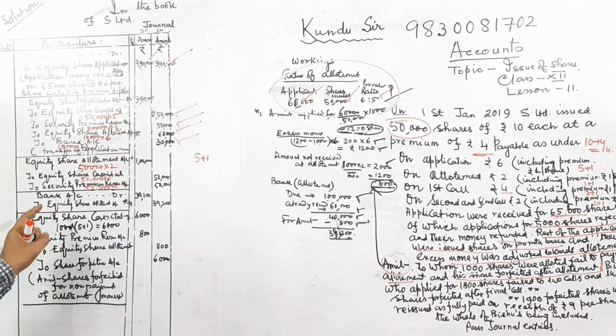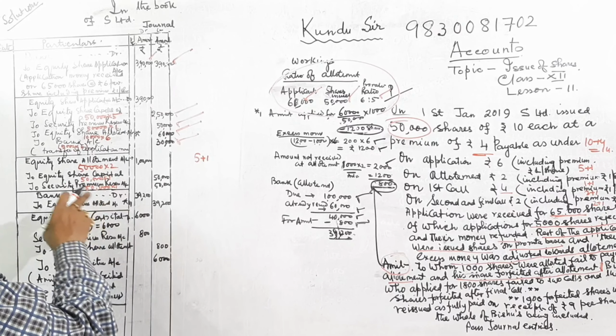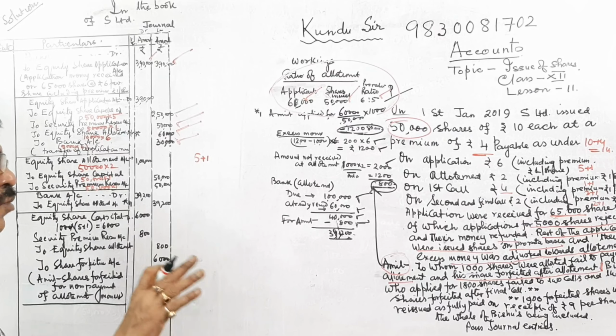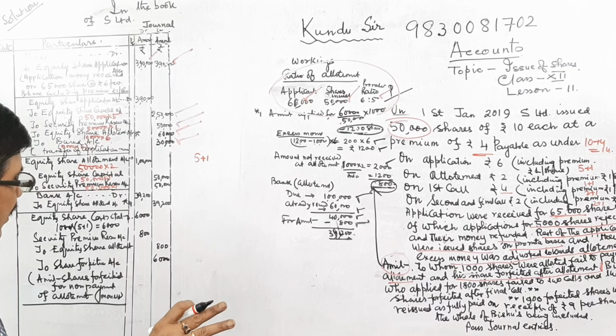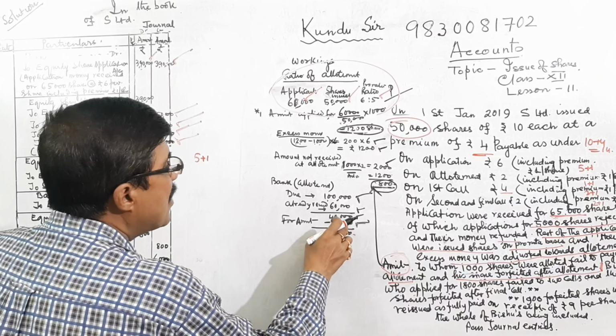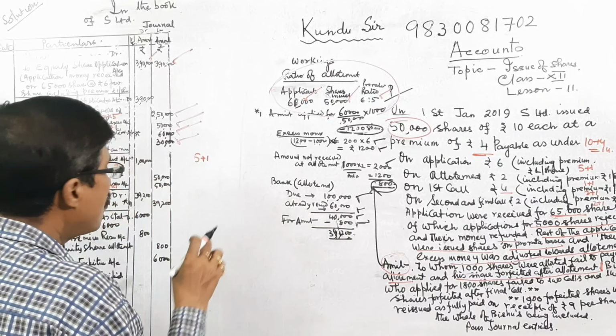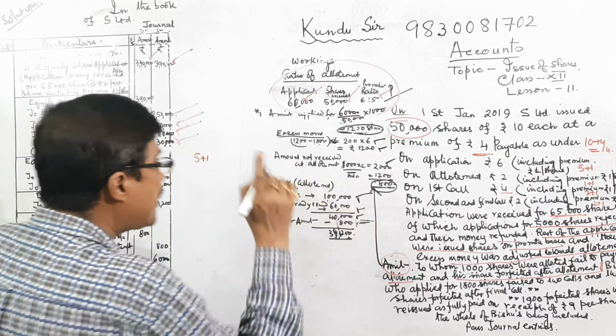We are assuming that the entire allotment related to share capital, that is 1 rupee, we are not getting, and we are only getting on the share premium account. Out of 1000 we are getting only 800.